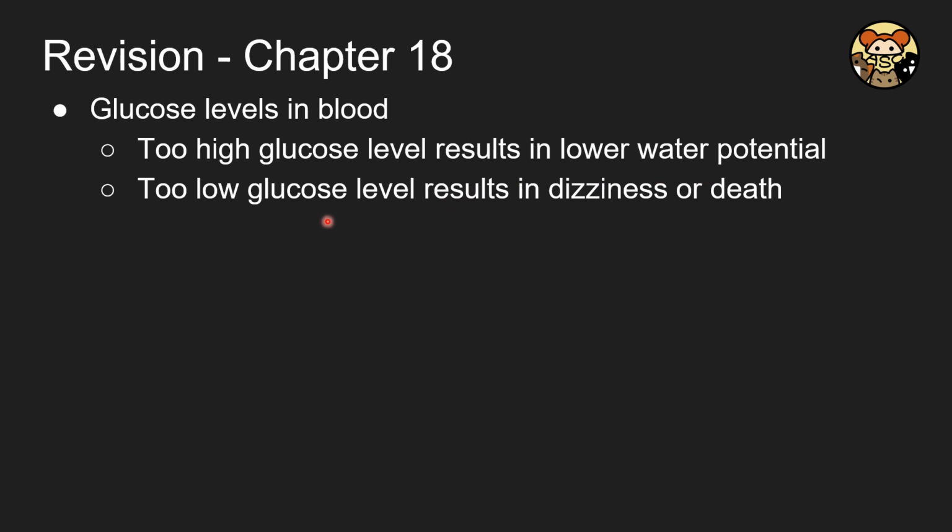And if your glucose level is too low, you may get lost and not be able to control yourself, and possibly die. So you may come across death multiple times. That's why we would like to keep our body in a relatively constant condition.